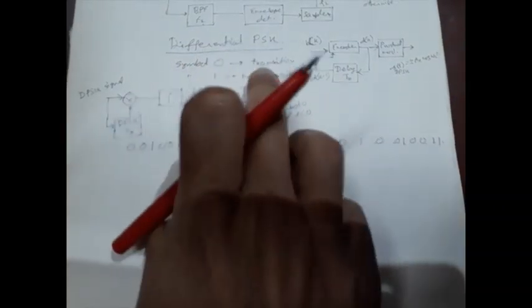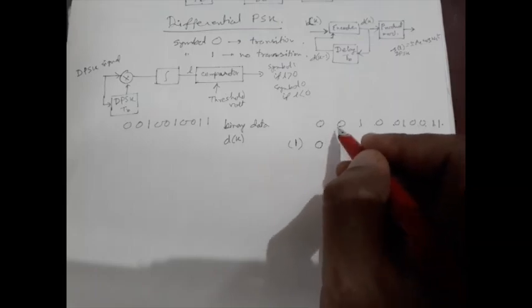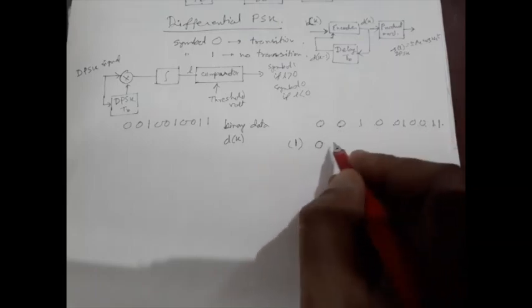Now if the previous bit is 0 and the current bit is 0, there is no transition, and that will be represented by 1. No transition means 1.